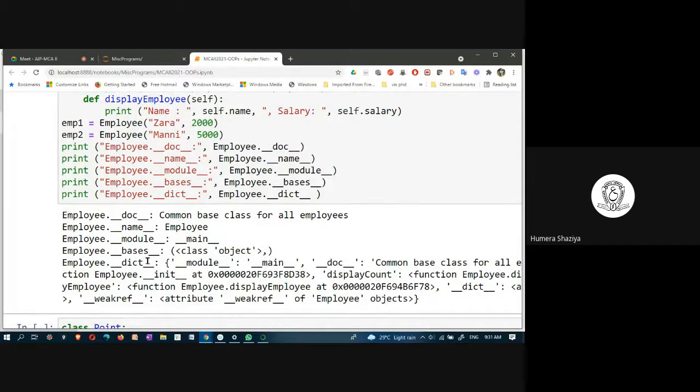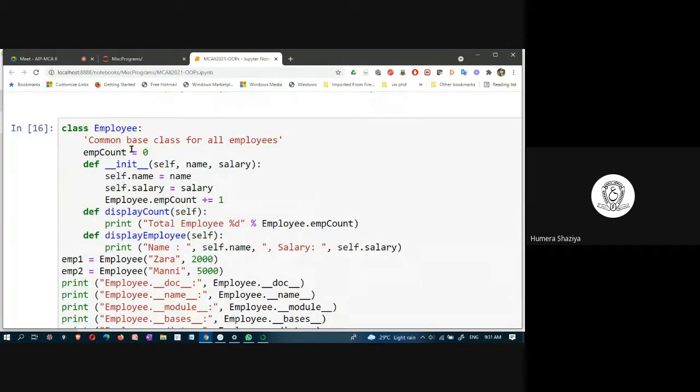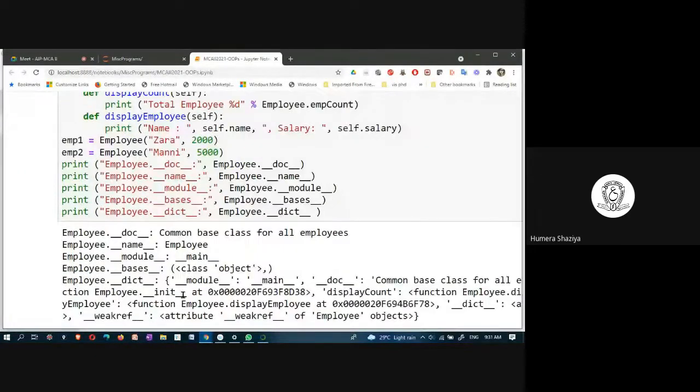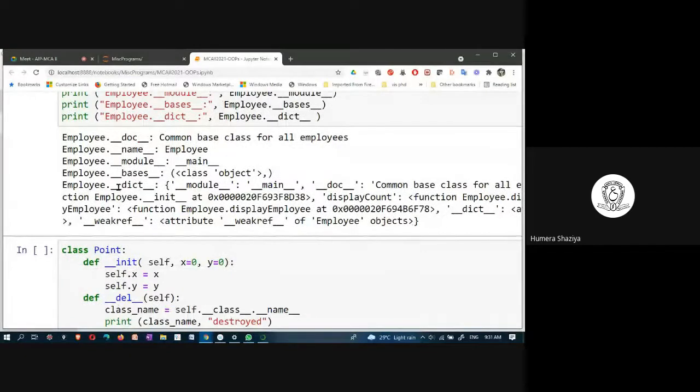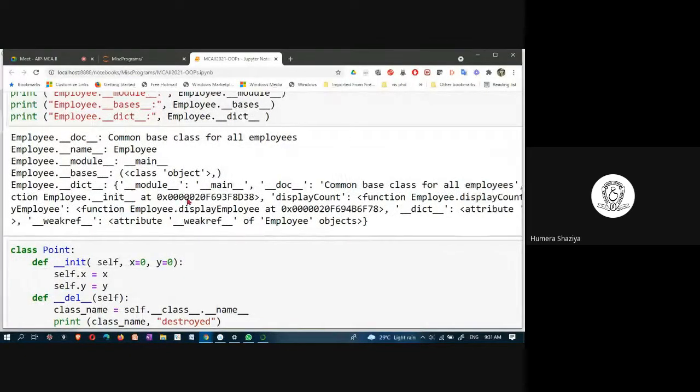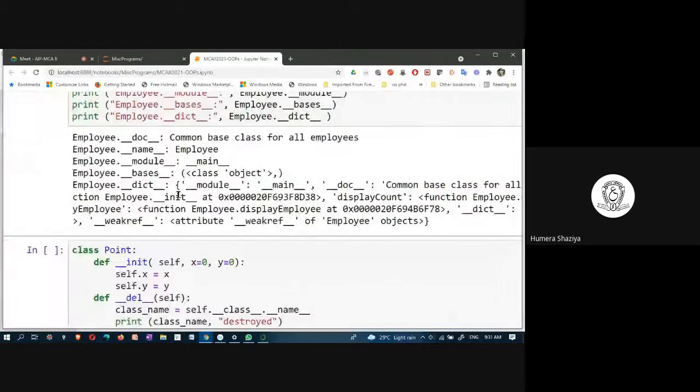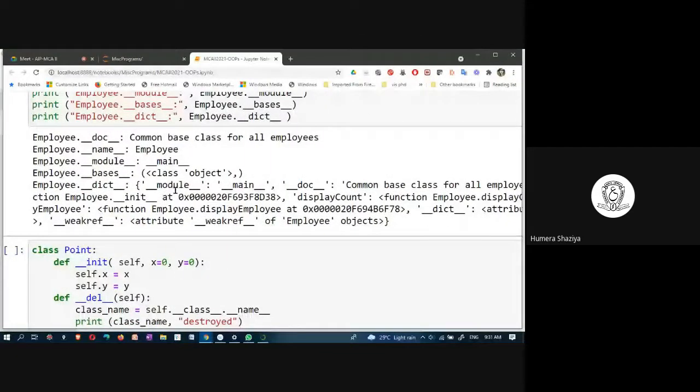Bases: what is the base class for this? It is the object class. Because the class is not deriving from any other class, by default its base class would be object. What is this dict? This dict is printing the namespace of the class.